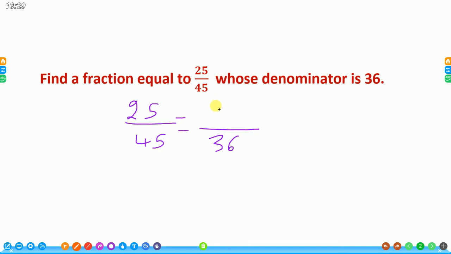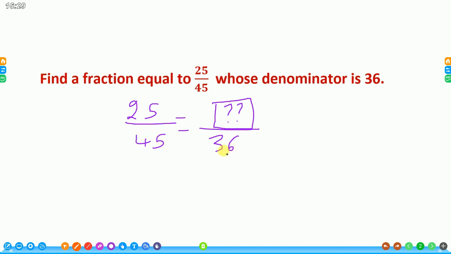So here the numerator is unknown, we need to find it. I ask myself, 45, how did it become 36? I need either to divide or to multiply by a number to find an equal fraction. We cannot subtract or add to find an equal fraction, only by dividing or multiplying.